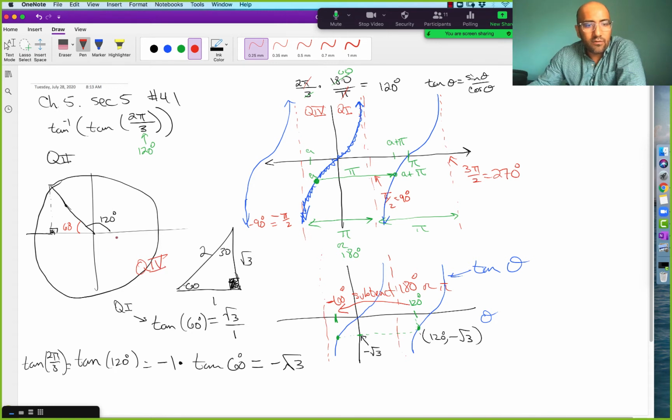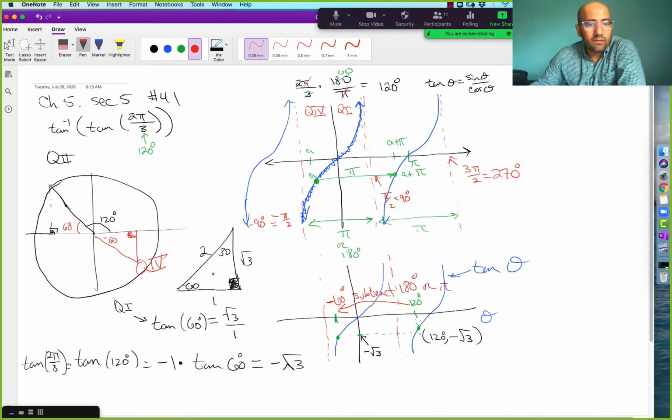An angle that goes negative goes in this direction, from 0, negative 1, negative 2, negative 3, all the way down to negative 90 degrees. So tangent inverse is only valid in one of these two places. Good. So where does there exist an angle that's going to result in negative root 3? Well, it's got to be down in quadrant 4. So sort of by that logic, we know that we have to have this angle over here. This is the one that works.